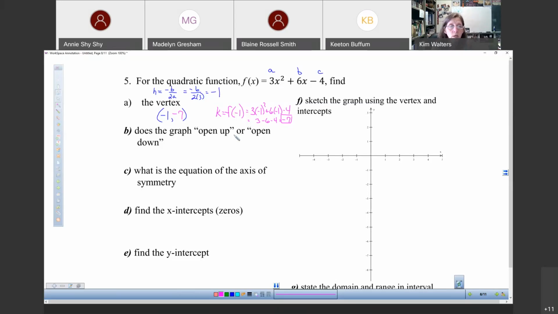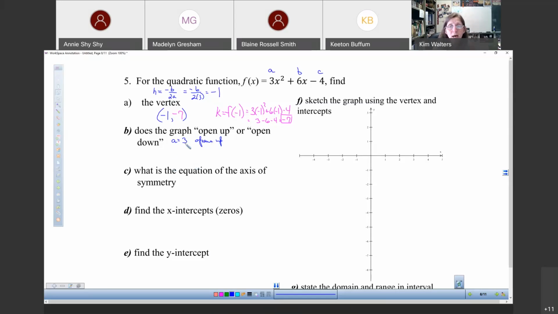Okay. All right. So now the question is, we've identified a as being positive 3. And so since a is positive 3, that means my function opens up. Positive people have smiles on their face. Negative people have frowns on their faces. Whatever.